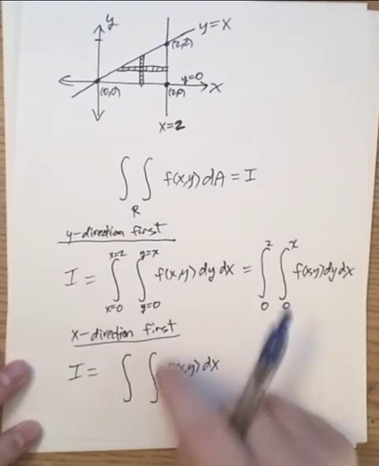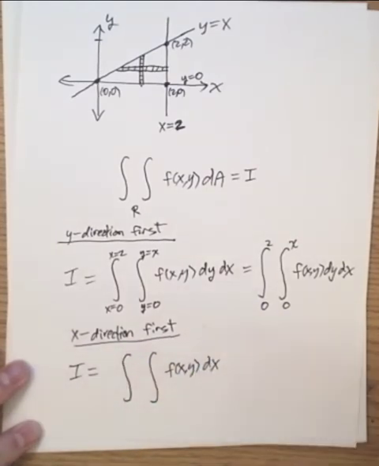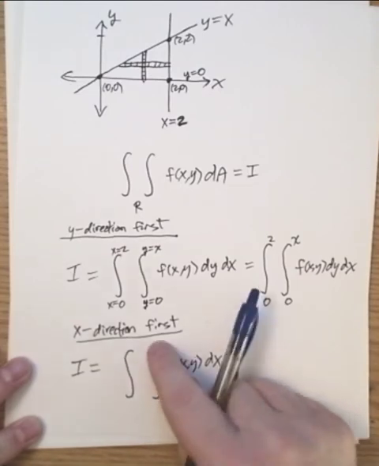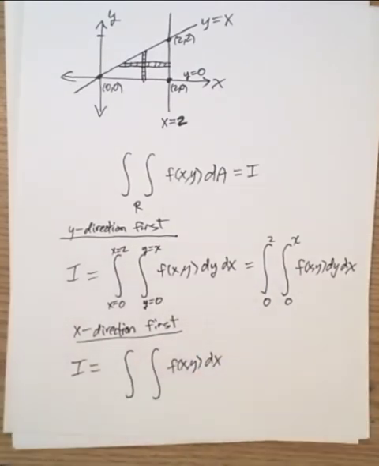The outer limits are always going to have to be constants if you want a number for an answer. Okay, these are going to have to be constant up here. That's no question. How about out here, though? No, at least one of these is going to have to be variable. Otherwise, you'd be integrating over a rectangle.